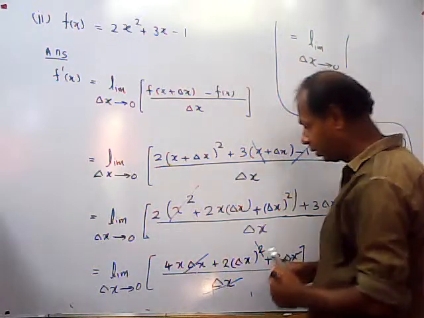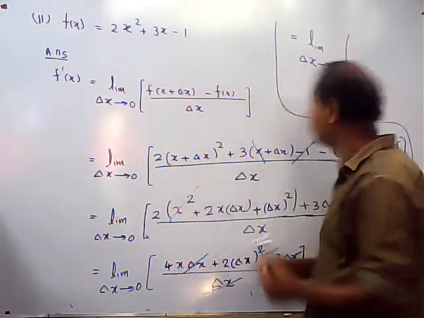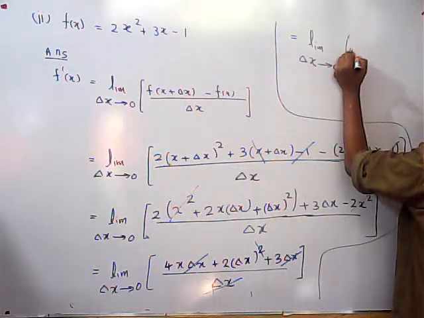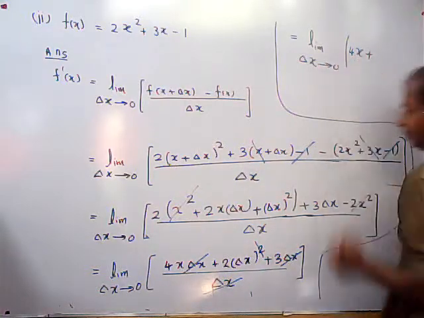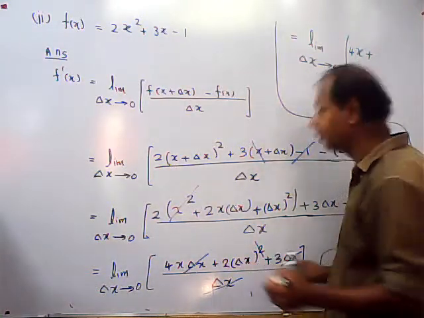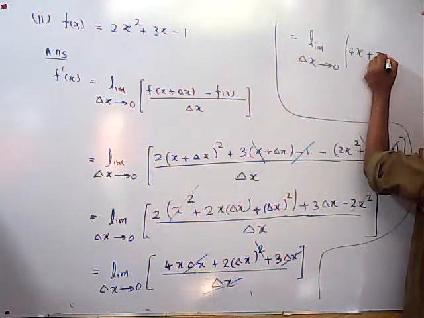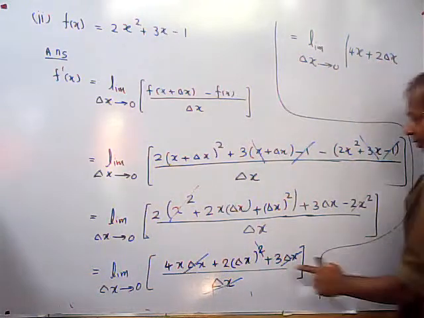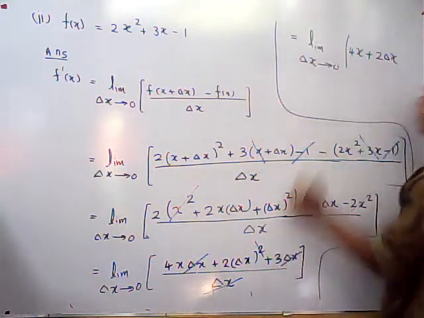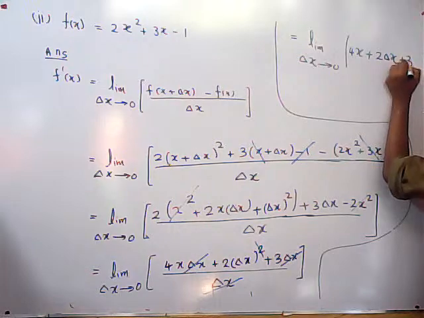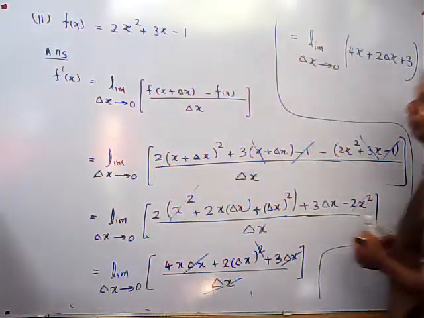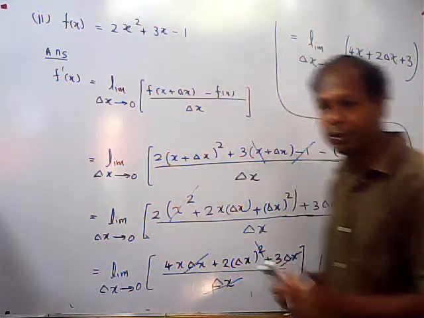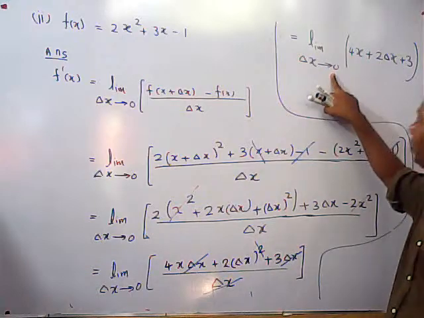I'll give 4x here plus 2 delta x plus 3, as delta x goes to 0, right? So delta x goes to 0.